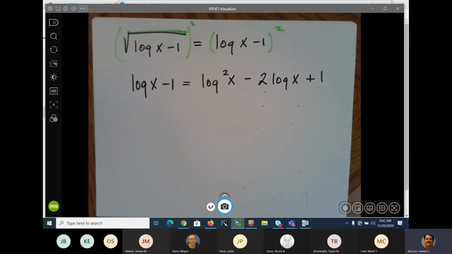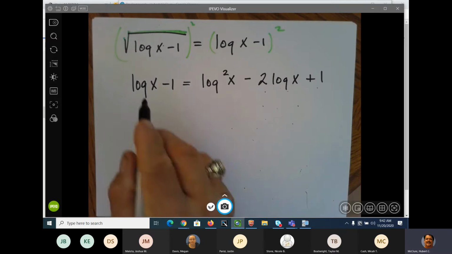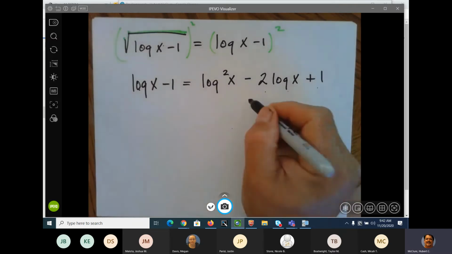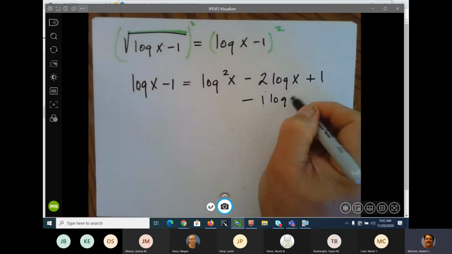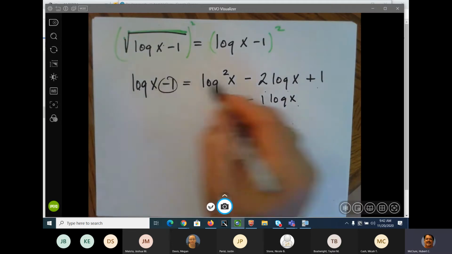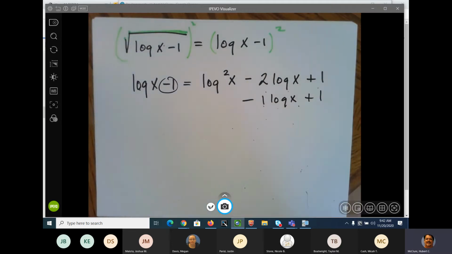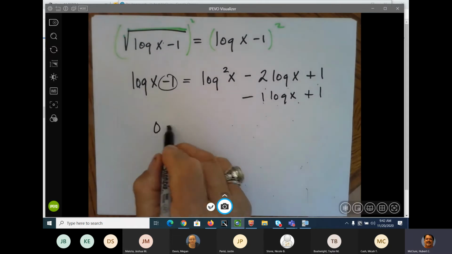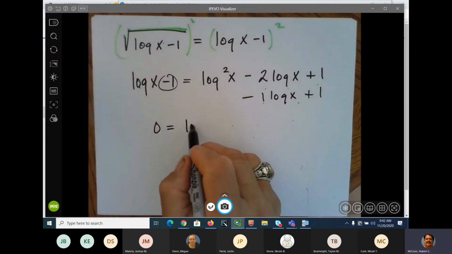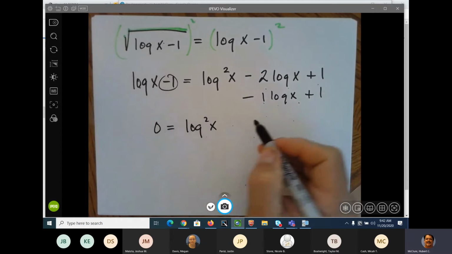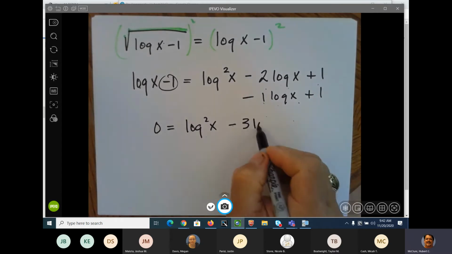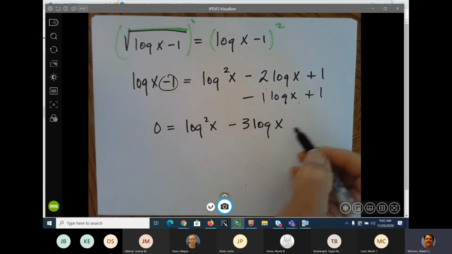Well, it might, because what we can do is bring this log over, and that would be minus log, and bring this over, be a plus 1, and we've got 0 is equal to log squared x minus 3 log x plus 2.